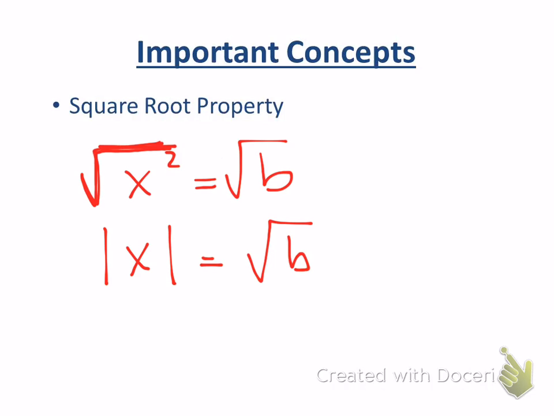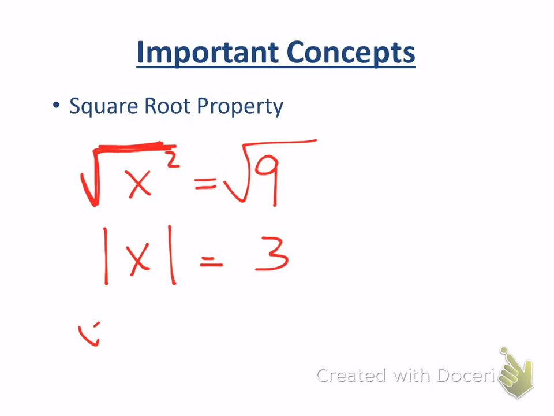Let's change this to a number to make it a little bit more meaningful to us. The principal square root of 9, just 3. But if the absolute value of x equals 3, what two values could we assign to x? X can be 3, or x can be negative 3.